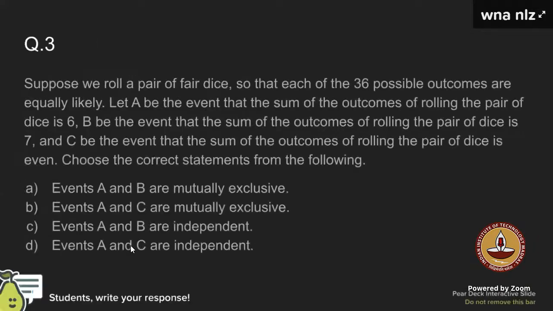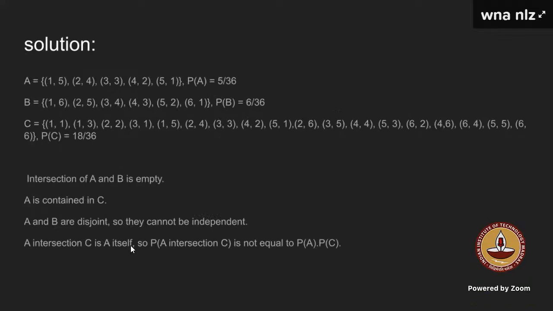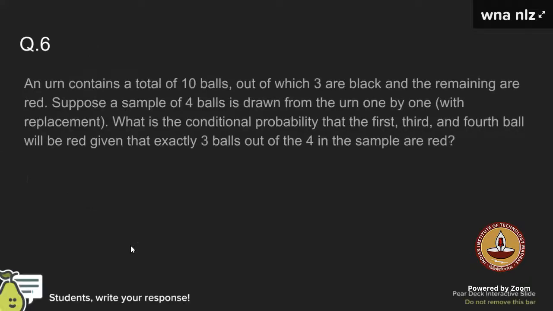Sir, please explain this independent term one more time. Okay. Independent means, if we have two events, we can define independence and dependence only for two or more events.